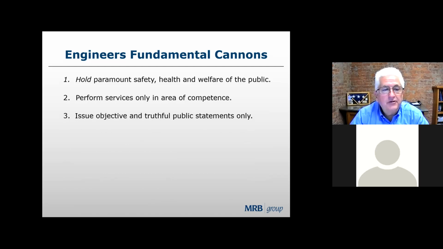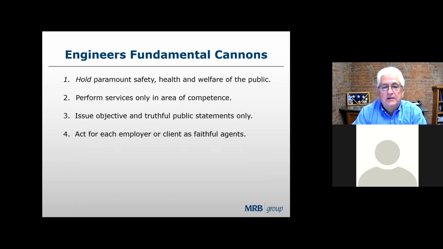As an engineer, we issue objective and truthful public statements only, whether it's written, whether it's in social media, or on TV, or meeting with residents, or public information meetings, things of that nature. We act for each employer or client as faithful agents, whether it's the owner that I'm working for or the employer that I work for.